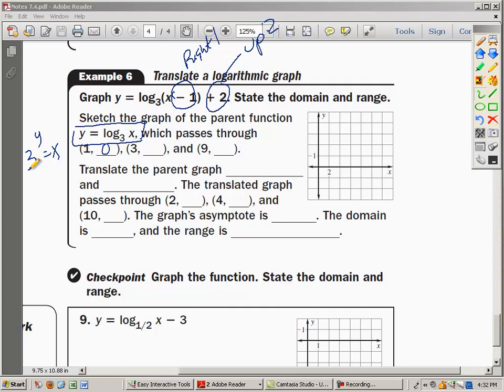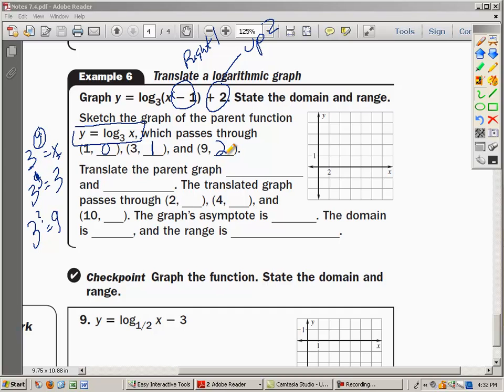I'm saying what value of y is going to make this equal to 1? What value of y is going to make this equal to 3? Well, 3 to what power is going to give me 3? That's got to be the first power, so this is 3, 1. And finally, 3 to what power is going to give me 9? That becomes a 2.